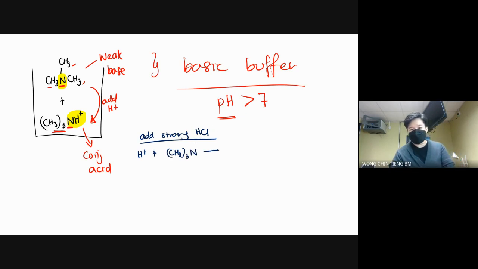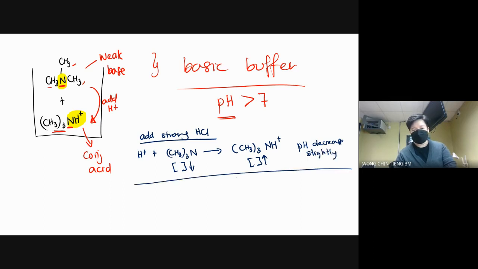Then I will produce CH3NH3 plus. What happened to the concentration? Decrease. What happened to the concentration? Kita guna, kita produce. Betul? It's an addition of strong acid. What happened to the pH? Decrease slightly. Betul? Alright, kita tak tahu banyak mana. Nanti kita kira banyak mana.